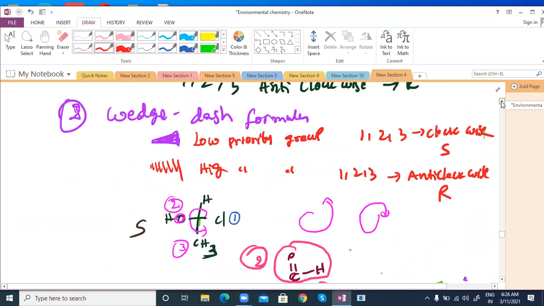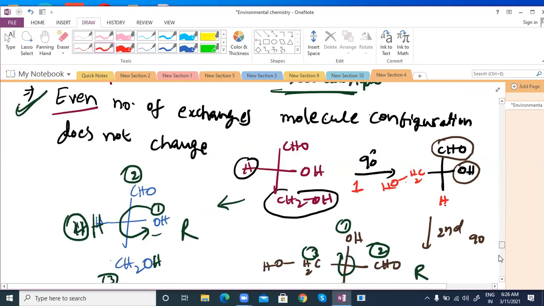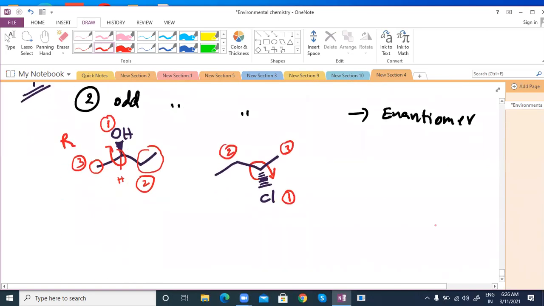If the high priority is presented on a dotted line, and you get 1, 2, 3 anti-clockwise it means R, and if clockwise it means S. So the answer is reversed from what you are getting. Suppose you assume R, then you have to write S, because the high priority is presented on a dotted line. Only 2 points I have given, sir. Those 2 points you have to remember.